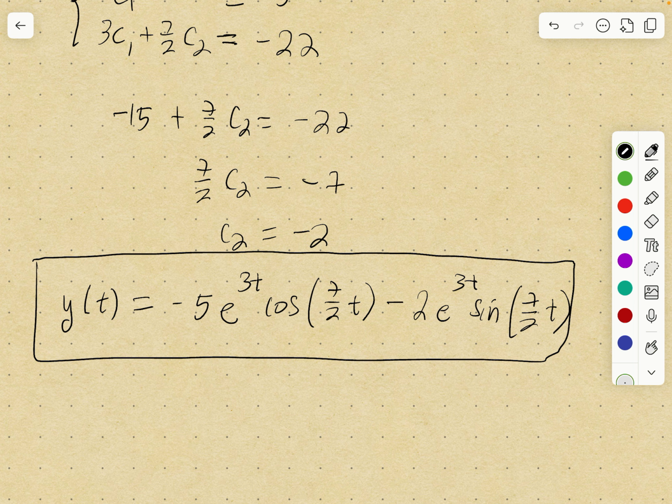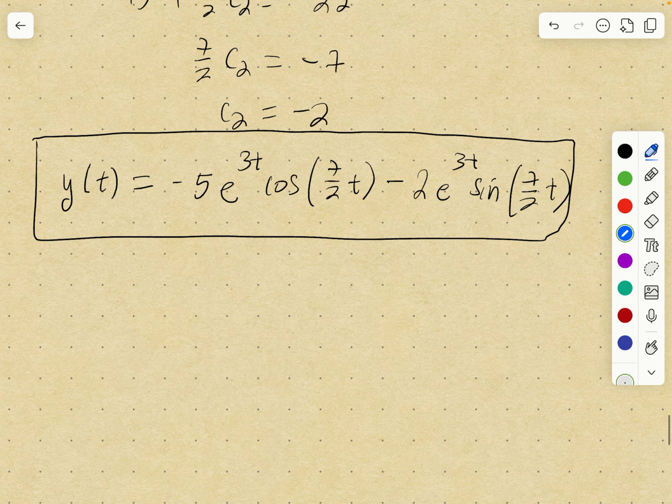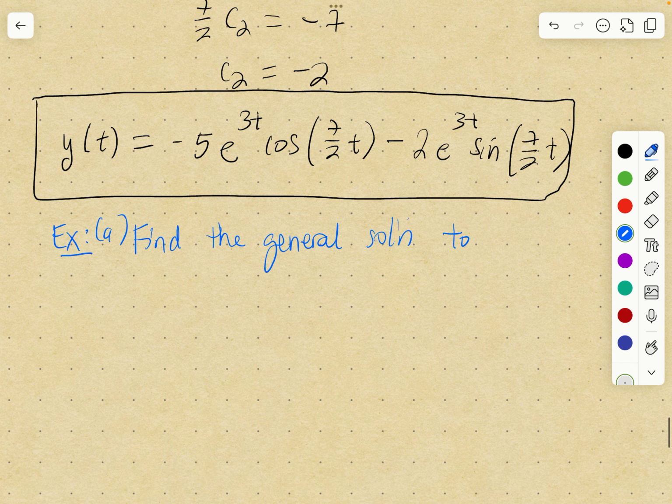Yeah, okay. So let's just do one more example. Let's say you wanted to find the general solution. This is part A. Find the general solution to y double prime minus 6y prime plus 9y equals 0.